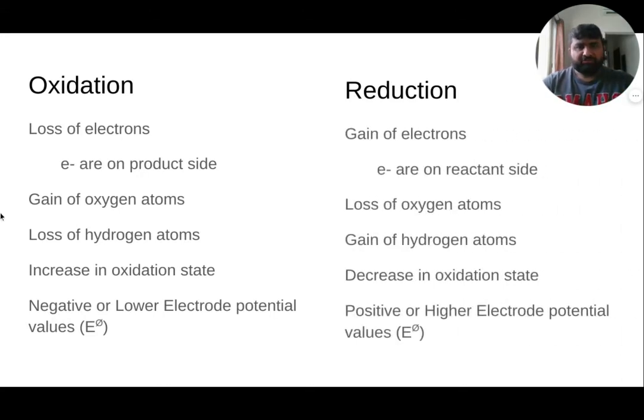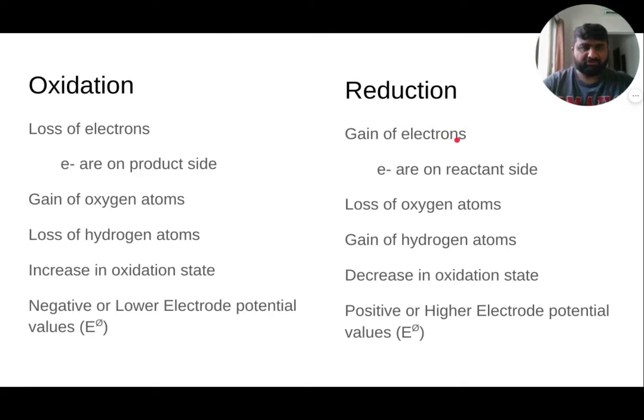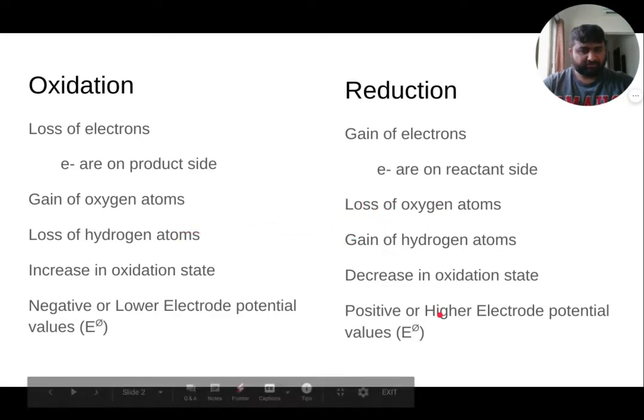Oxidation is loss of electrons, reduction will be gain of electrons. How would I know electrons are gained? The electrons will be on the reactant side. Oxidation is addition of oxygen atoms, and reduction will be removal of oxygen. Everything is opposite.